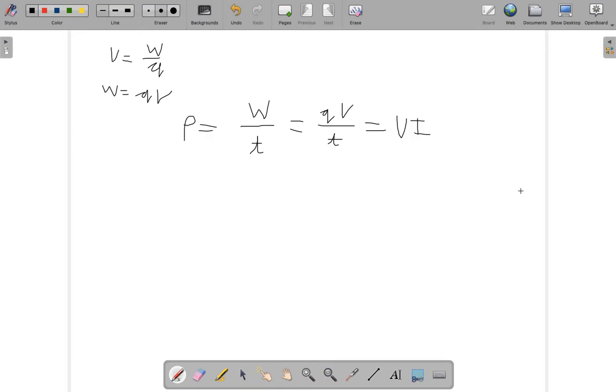That's how you get power equals voltage times current. Note that in questions, sometimes you'll have to substitute in current using the equation resistance equals voltage over current.